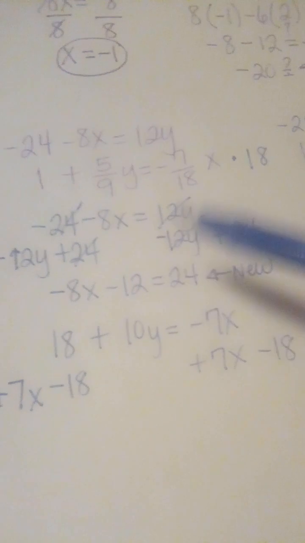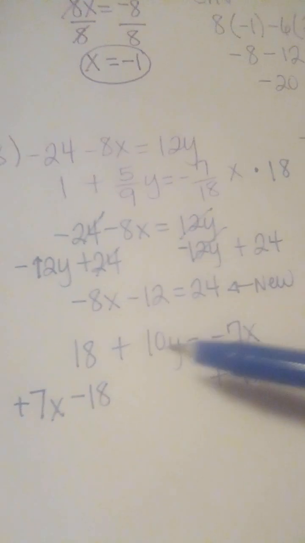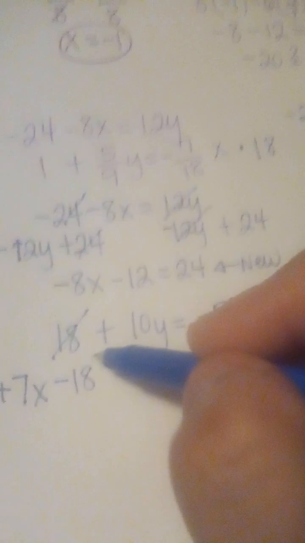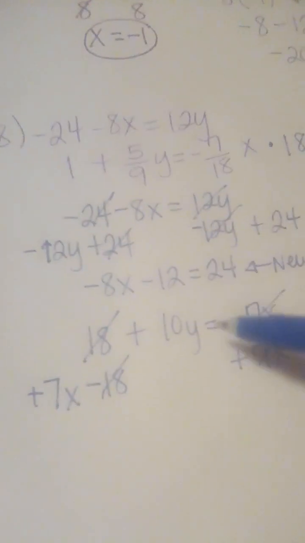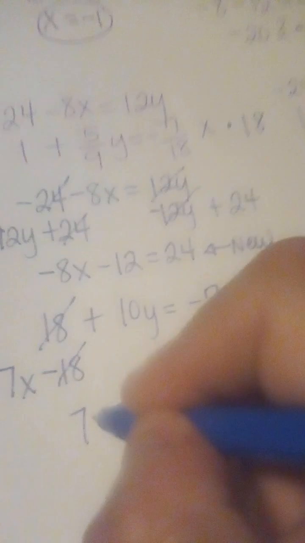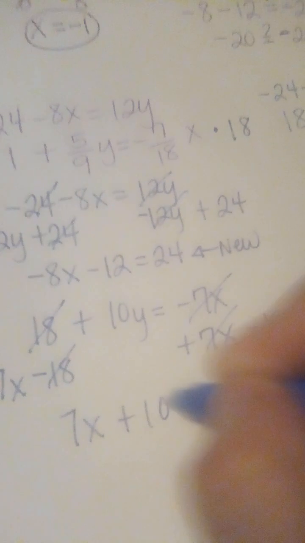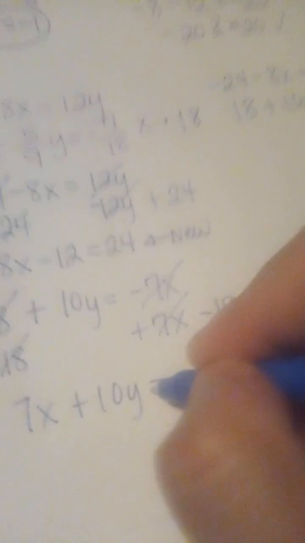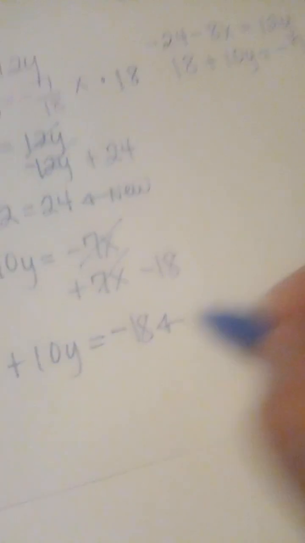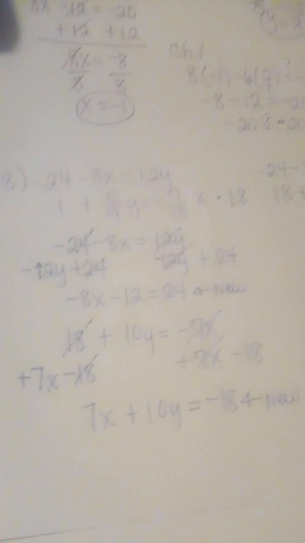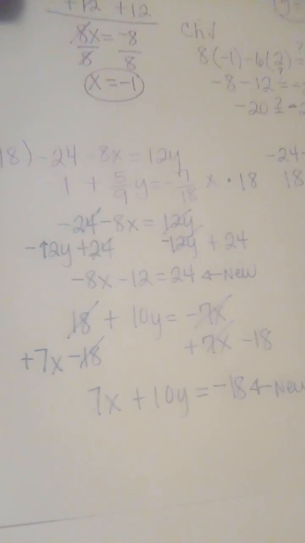So we could cross out the 18s and cross out the 7x's. So our new equation is 7x plus 10y equals negative 18. So we got two new equations. Any questions on how I did rearranging that part?